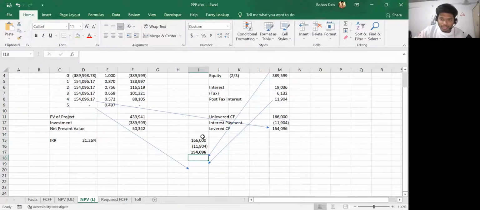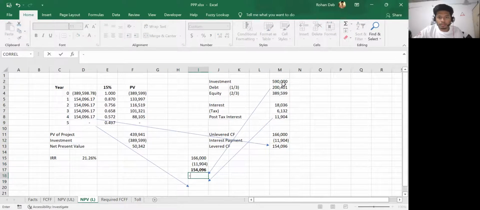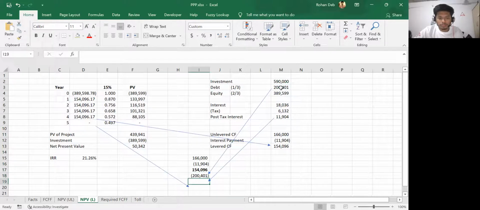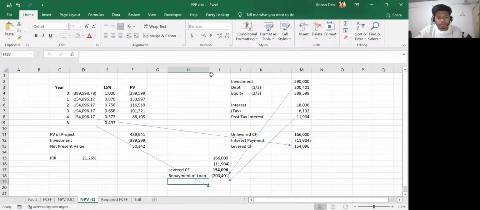In addition to the levered cash flow, I have to repay the loan, so minus this loan repayment, and the payment of interest I've already taken.